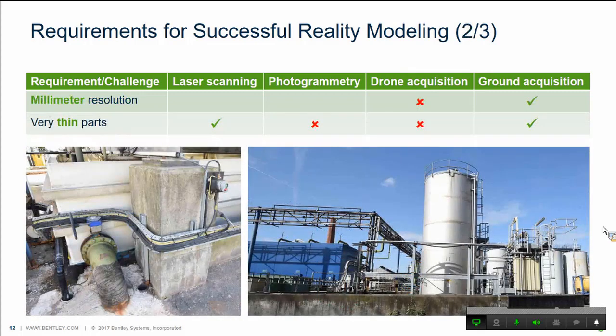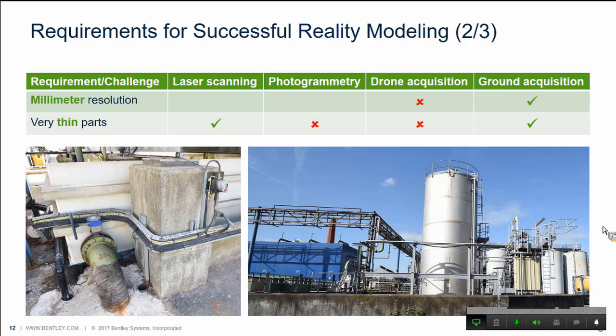Then, if we want millimeter resolution, we cannot achieve this from a drone. We have to get closer to the subject, so we need ground acquisition. This can be done both by laser scanning and photogrammetry. Finally, we want to capture also very thin parts for some specific subjects that can be tricky to get with photogrammetry.